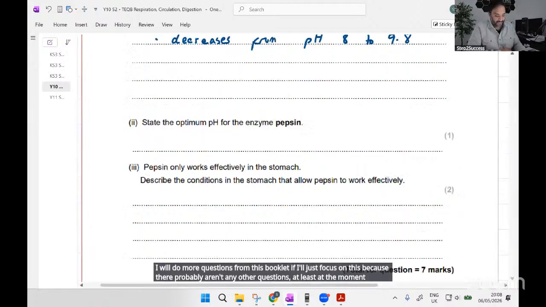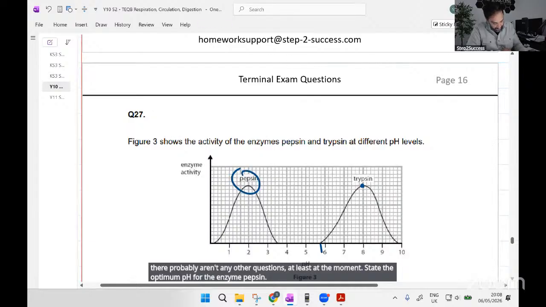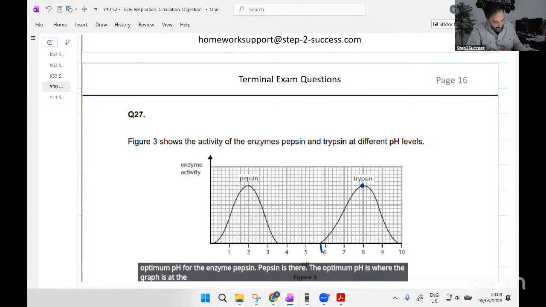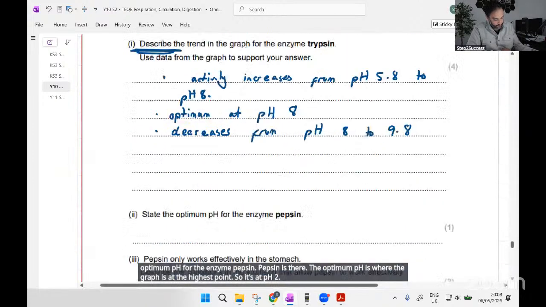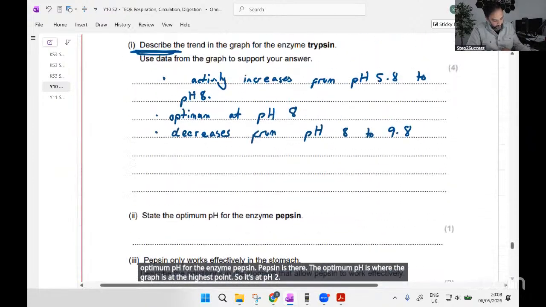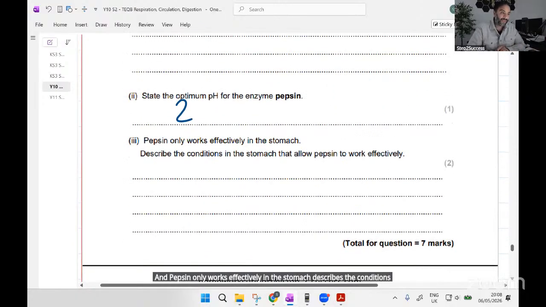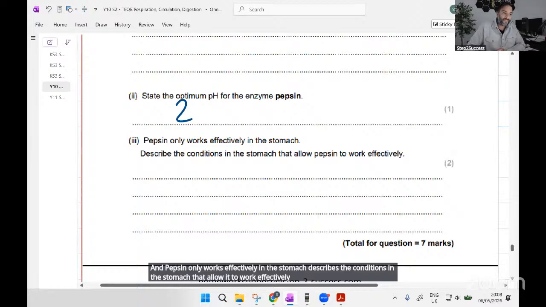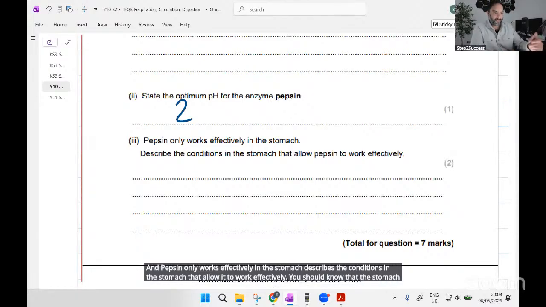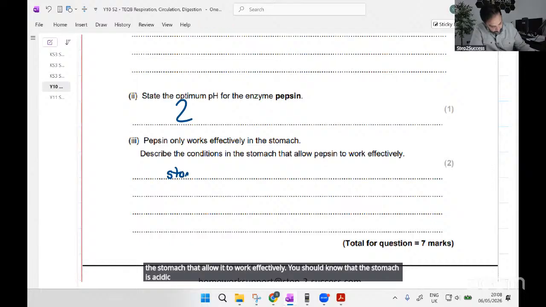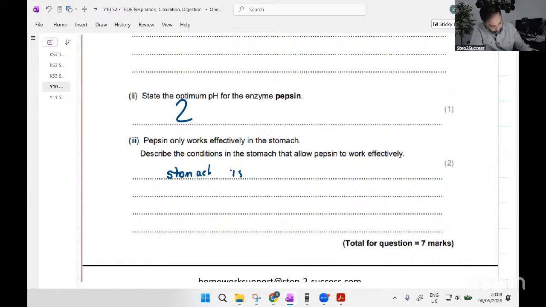State the optimum pH for the enzyme pepsin. Pepsin is there. The optimum pH is where the graph is at the highest point. So it's at pH 2. And pepsin only works effectively in the stomach. Describe the conditions in the stomach that allow it to work effectively. You should know that the stomach is acidic, because it produces hydrochloric acid.